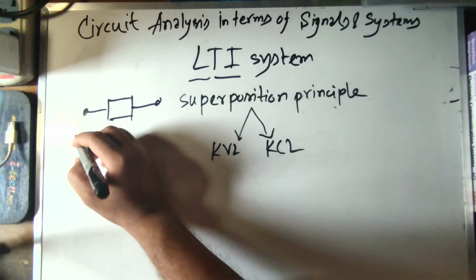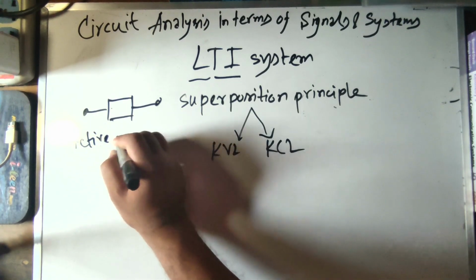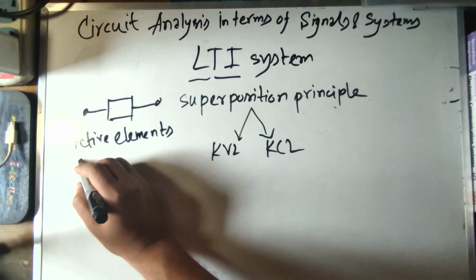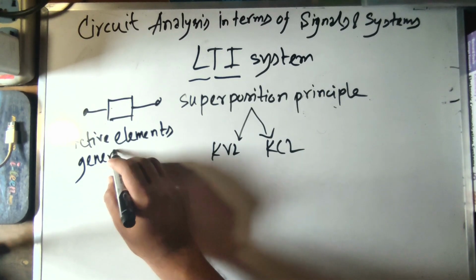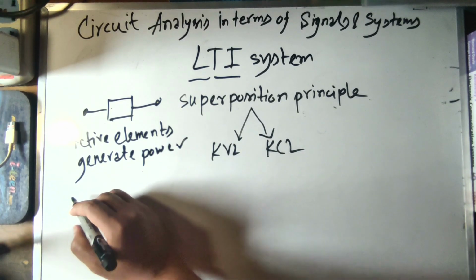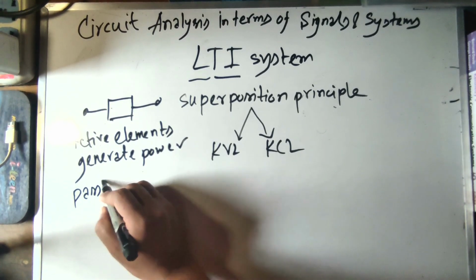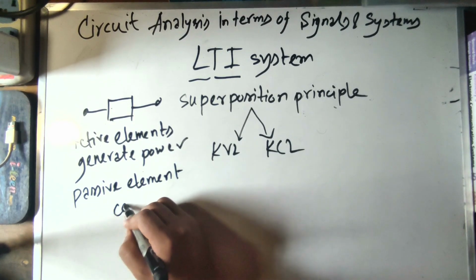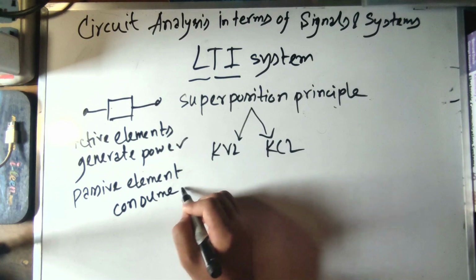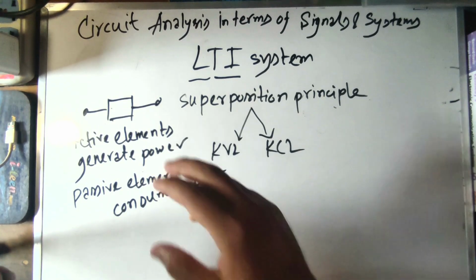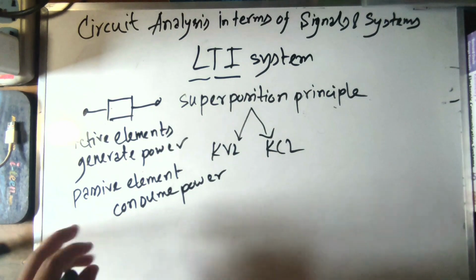But for this video, let us first define active and passive. Active elements generate power and passive elements consume power. The two kinds of elements are all LTI systems.